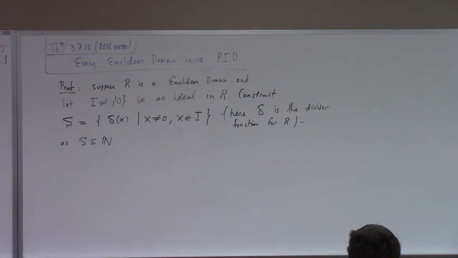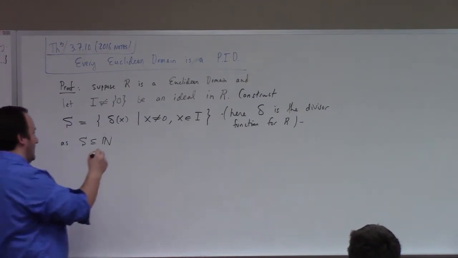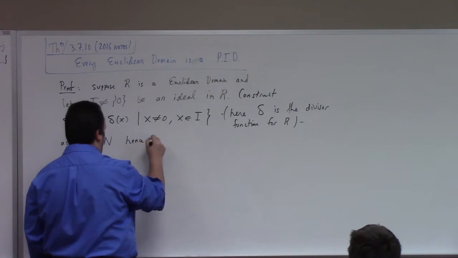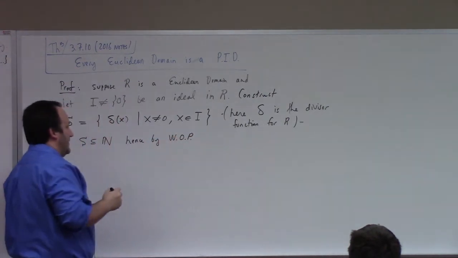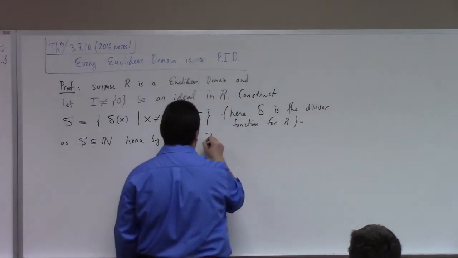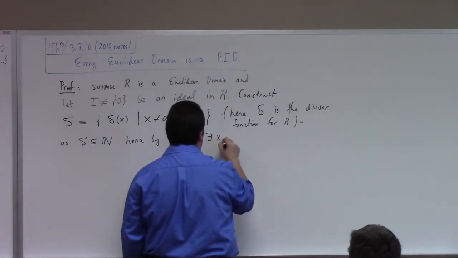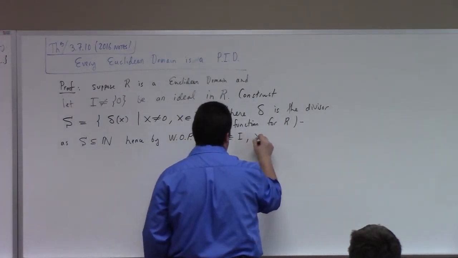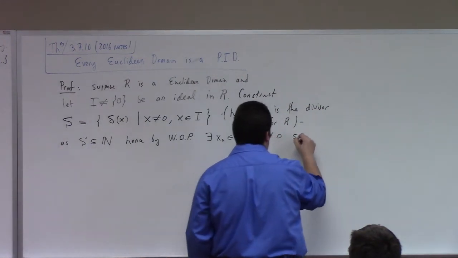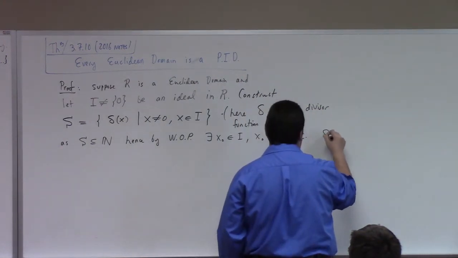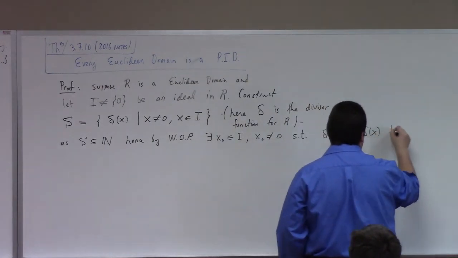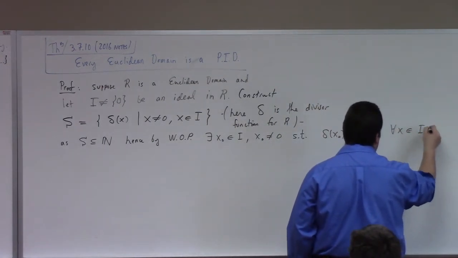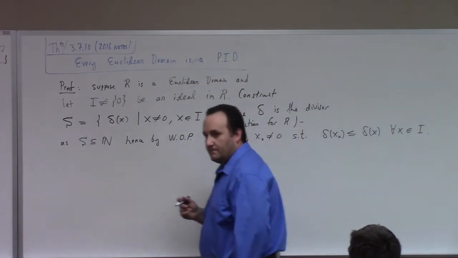So by the well-ordering principle, what? Yeah, there exists x naught in I with x naught not equal to 0, such that delta of x naught is less than or equal to delta of x for all x in I, right?